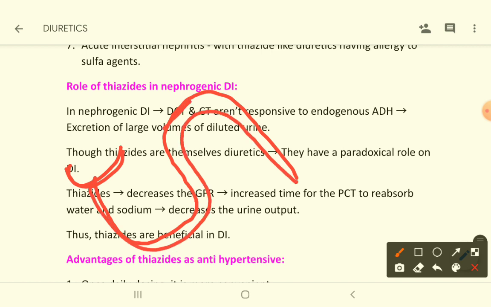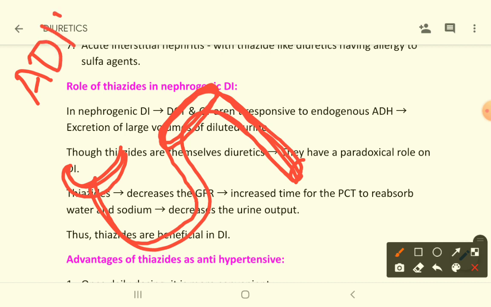Now this is your distal convoluted tubule, and this is your collecting duct. So in nephrogenic diabetes insipidus, the production of antidiuretic hormone is normal, but the antidiuretic hormone cannot act in this part.